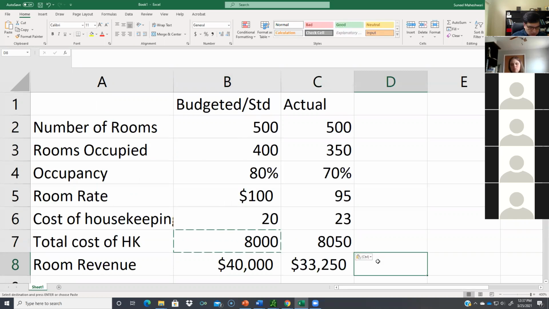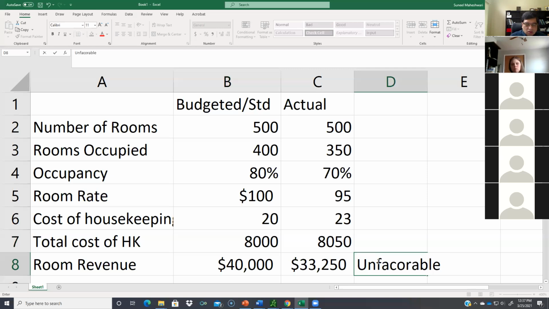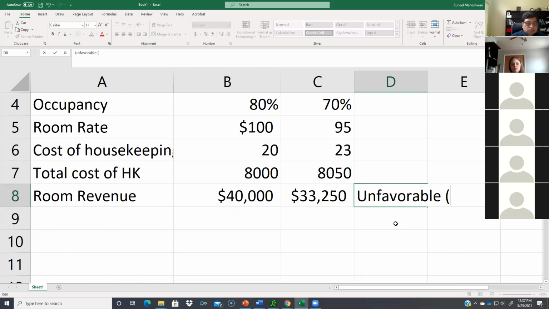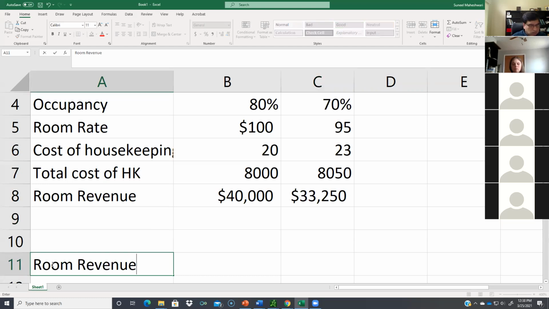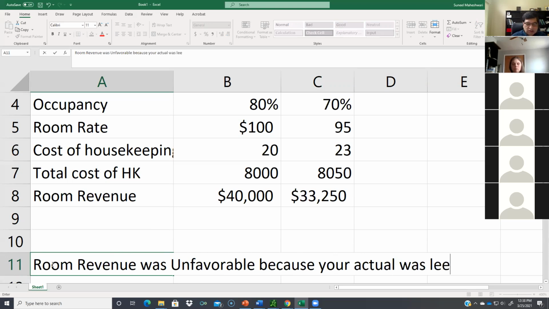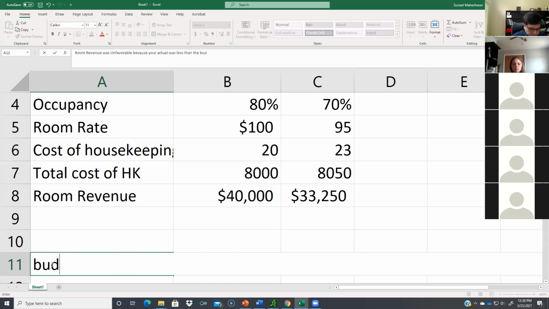So in terms of room revenue, you said it was unfavorable because your actual was less than the budgeted, right?